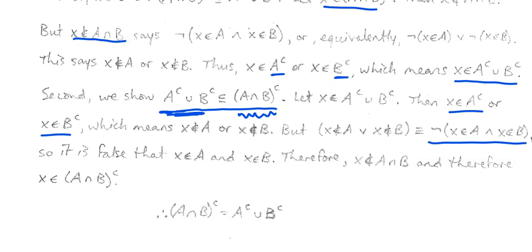Just because this will help you see the structure more, and this will really help you get your feet wet with these proofs, and it will make your life a lot easier, and these things will seem more familiar to you when you take a higher level course, when you have to do a lot more proofs. So we've shown that these two sets are indeed equal to each other, and that is our sample of how we show that two sets are equal. You're just showing that each set is a subset of the other set.